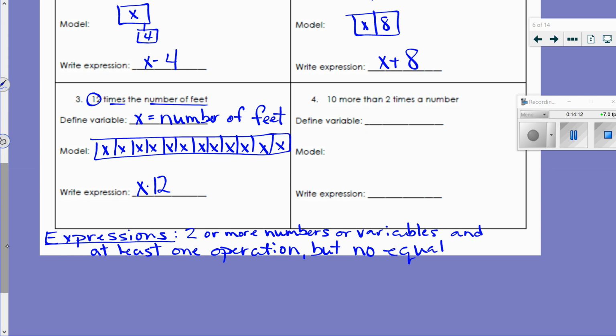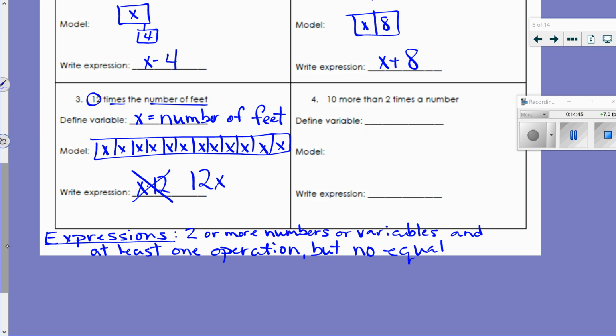No, 12 times X. Guys, this is incorrect. I cannot model that. There's no way you can show me X number of 12s because I don't know what X is. Madison? 12 times X. Remember, if I have a multiplicative algebraic expression, please listen.